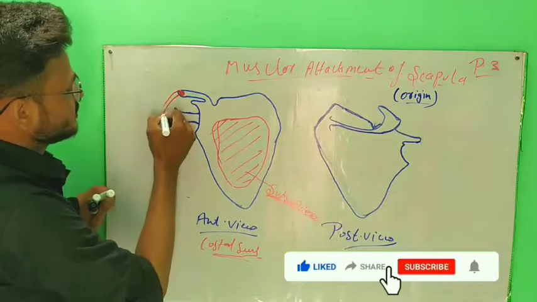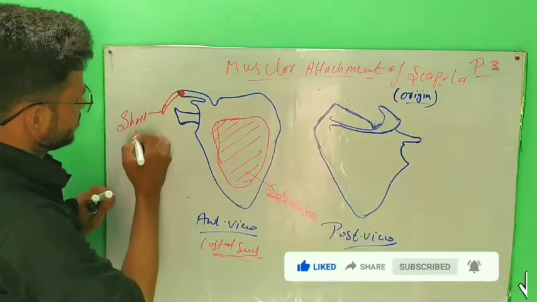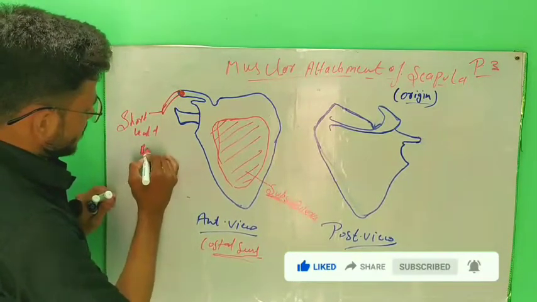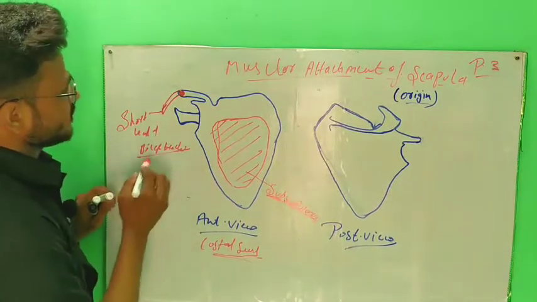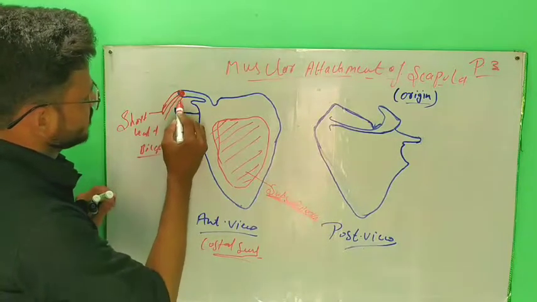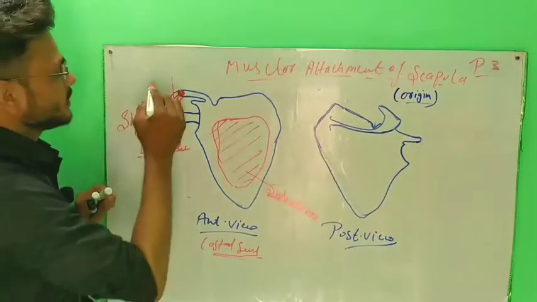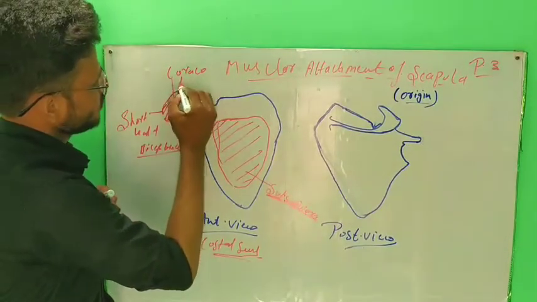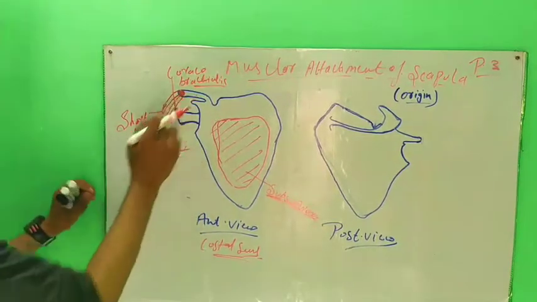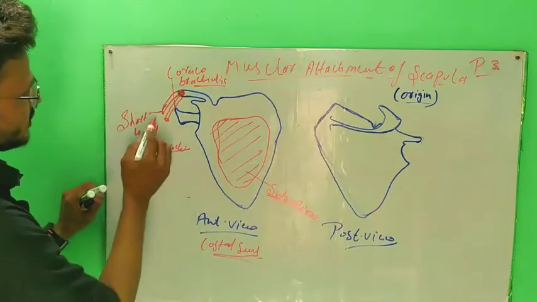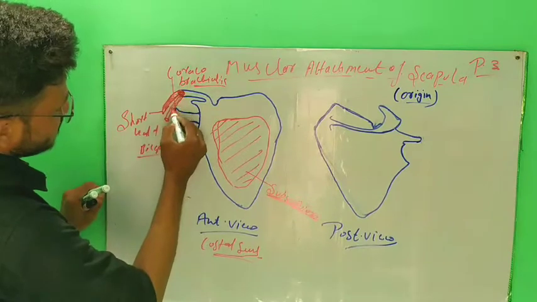One is the short head of the biceps brachii, and the other muscle is called coracobrachialis.